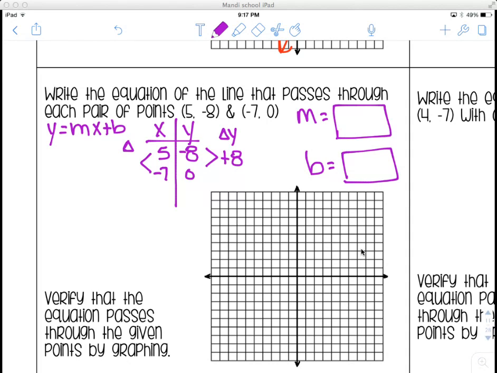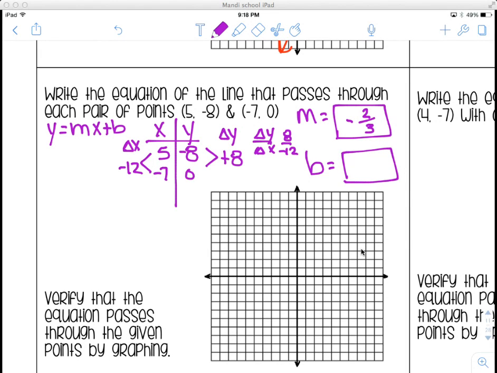And we want the change in x. To go from a positive 5 to a negative 7, you're going to have to subtract 12. And to get my slope, which is change in y over change in x, that's going to be 8 over negative 12. Well, 8 over negative 12, when you put it in your calculator, will reduce, because both of them are divisible by 4, to negative 2/3.